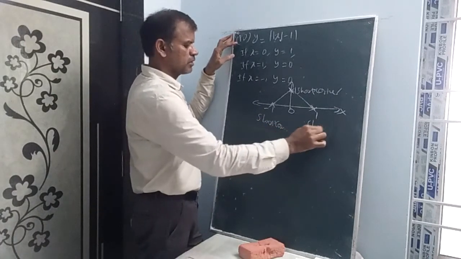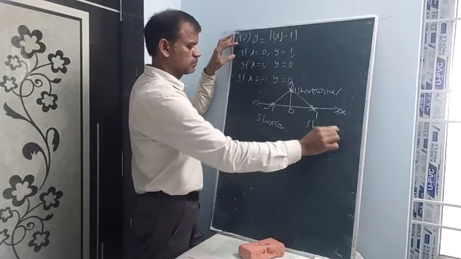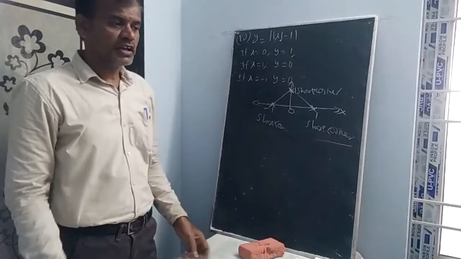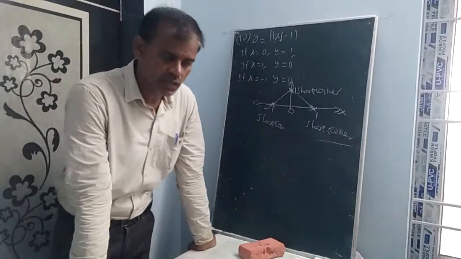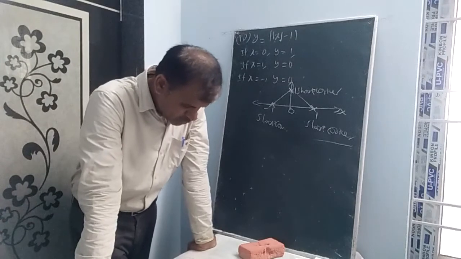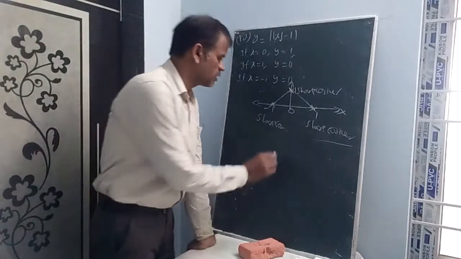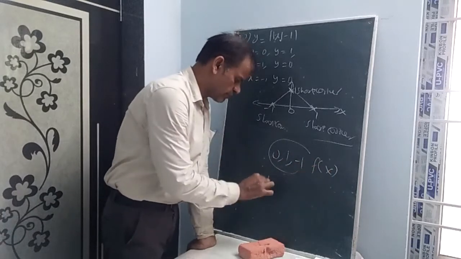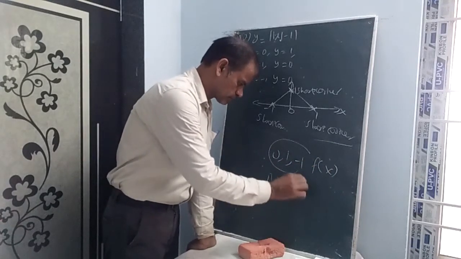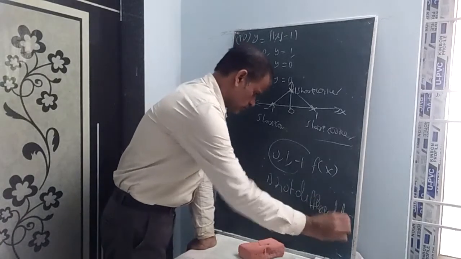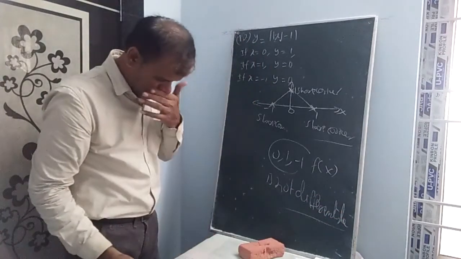This is a sharp corner. For a straight line or any curve, if it has sharp edges or sharp corners at some points, it is not differentiable there. So at 0, 1, minus 1, f of x is not differentiable.